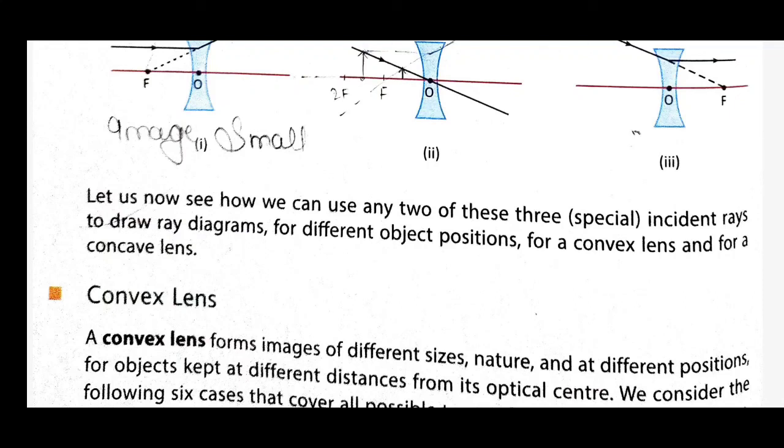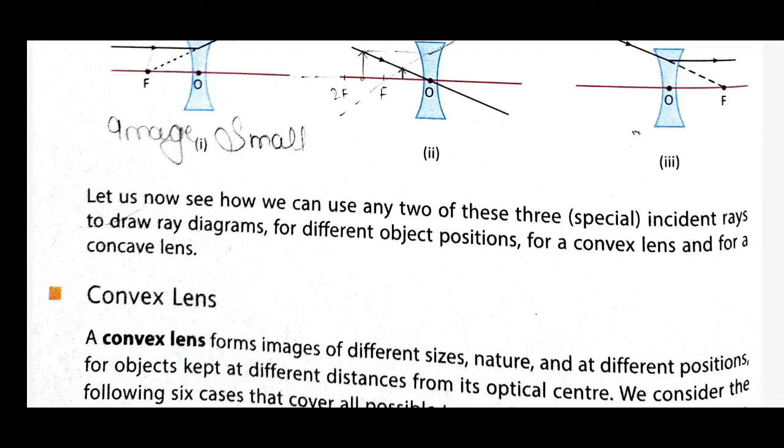And the most important one: define the principal focus of a spherical lens. Next, define the principal focus of a convex lens, and after that define the principal focus of a concave lens.